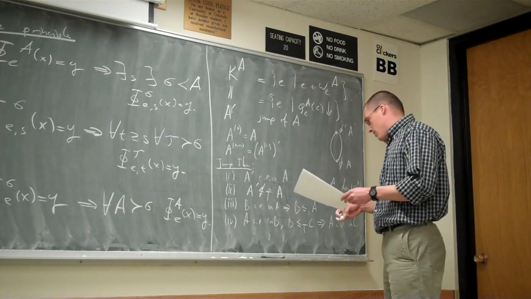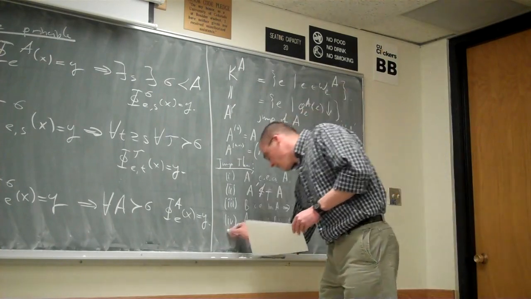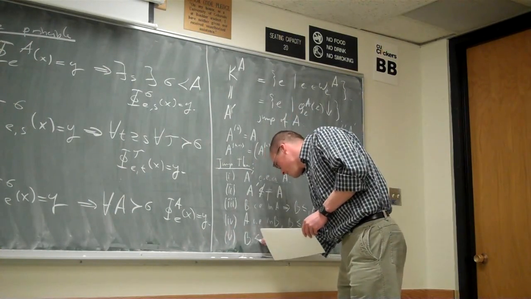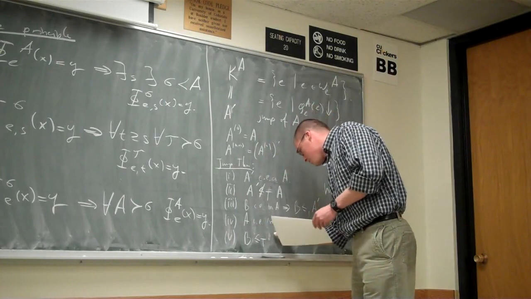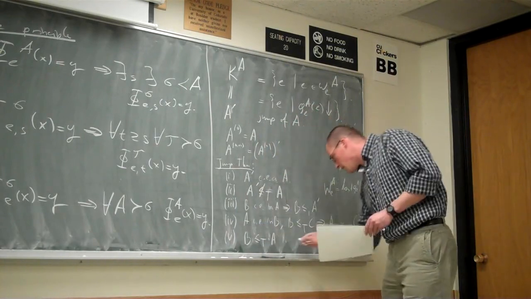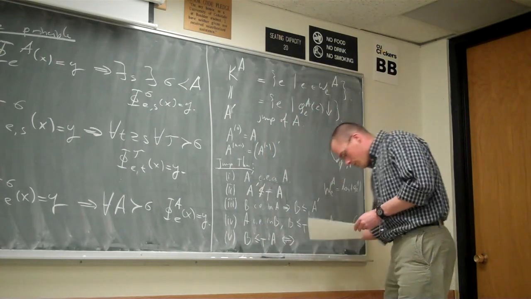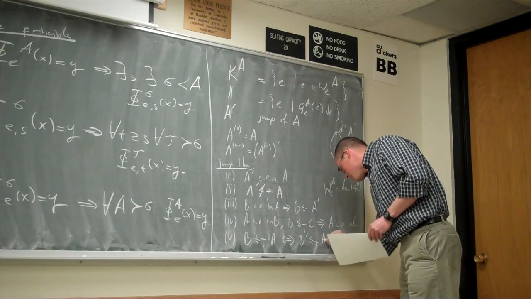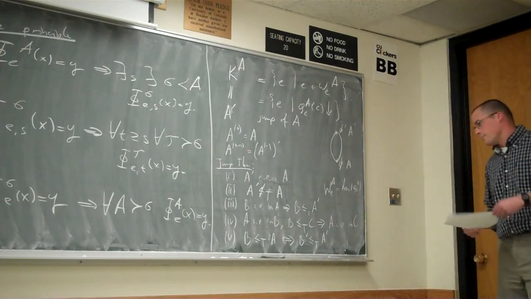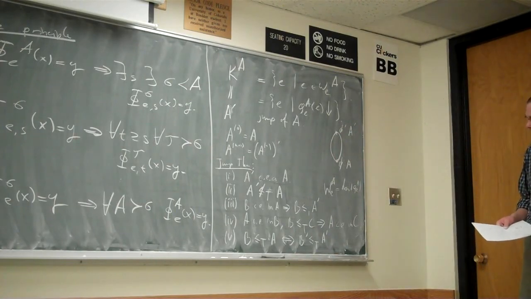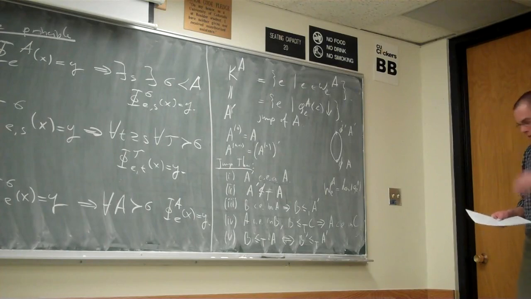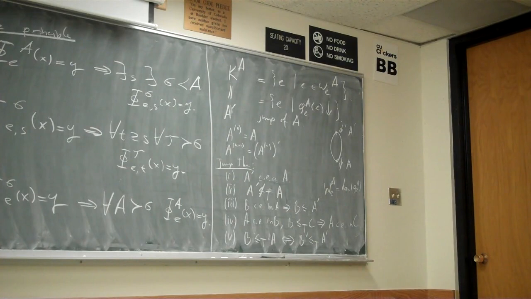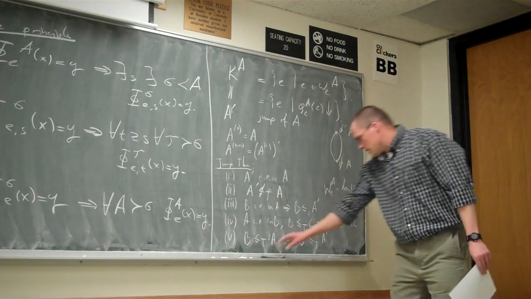And this is a theorem that keeps on giving. 5. B Turing reduces to A if and only if B prime 1 reduces to A prime.